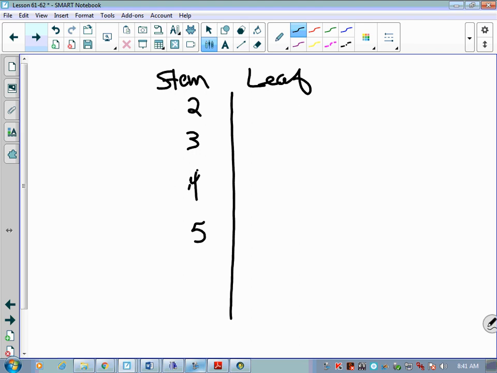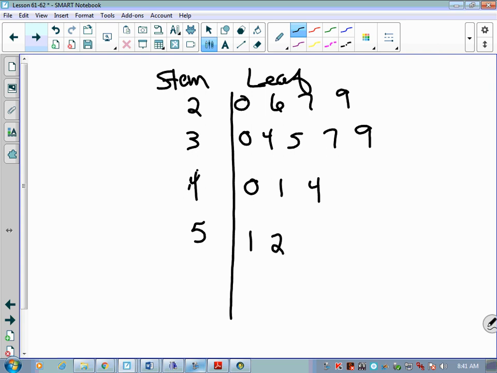So we have 20, 26, 27, 29, 30, 34, 35, 37, 39, 40, 41, 44, 51, 52, 57. Does that ring a bell on how we set up a stem and leaf based upon that? Okay?